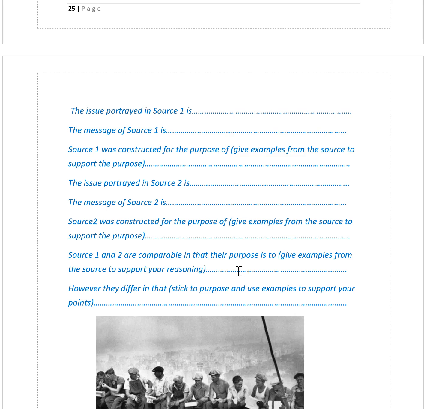Then you've got to find their similarities. So what's similar about the sources? And that can be a bit tricky. So sometimes you might be looking at the topic or what's the common action that they're looking for. So possibly what you might find is a government speech and a picture might work quite well together, because the comparison or the similarity could be that they're both constructed to promote the ideas of the Nazi race.